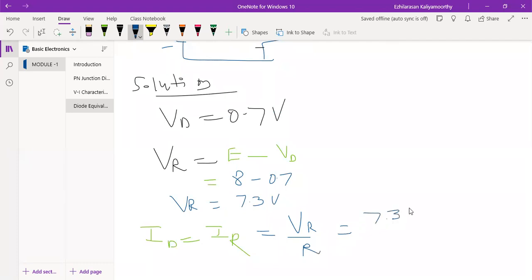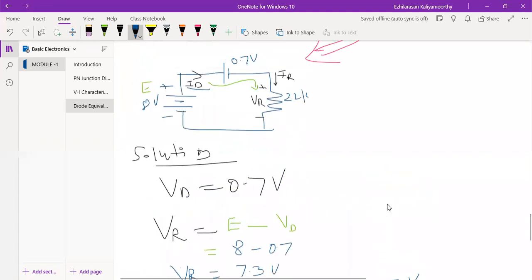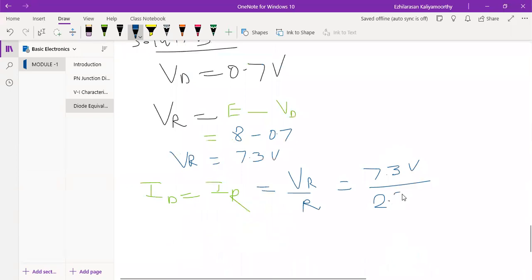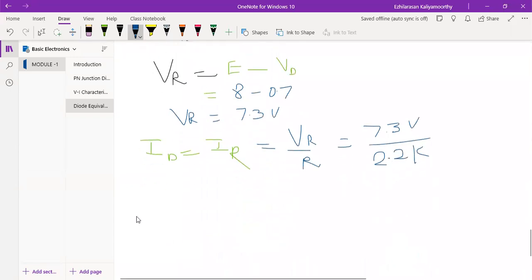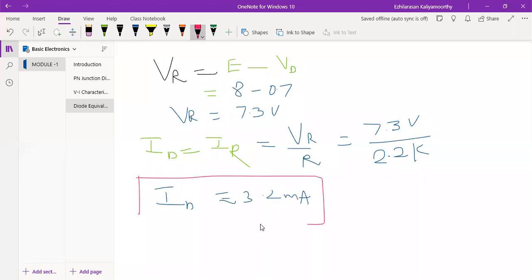That is 7.3 volt divided by R, which is 2.2 kilo ohm. Then what is ID? ID is approximately 3.2 milliampere. See, this is the answer we get.